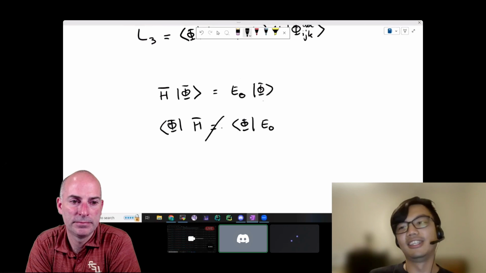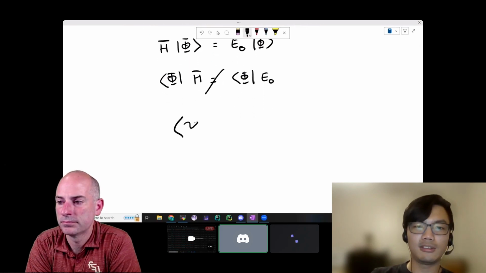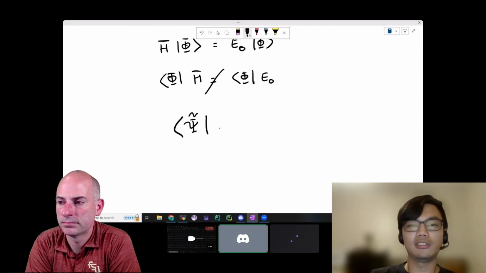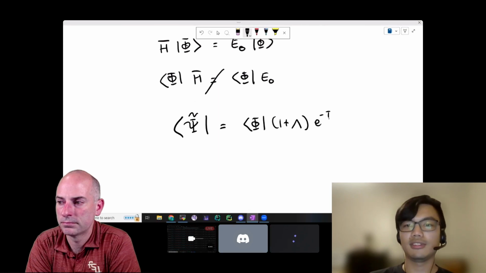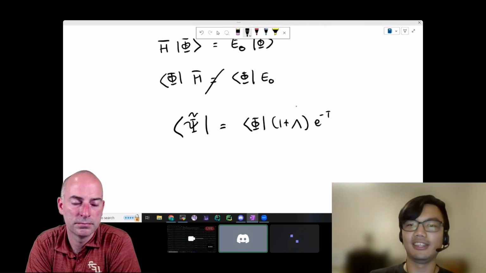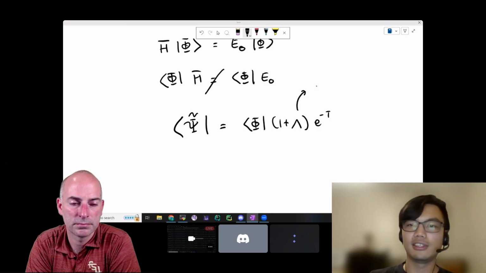This is not true, basically. So instead, we will start by parametrizing the left wave function, or the bra wave function, in a different way. We will introduce this 1 plus lambda, e to the minus T. And you can't do it the other way around because these operators do not commute. So lambda is a de-excitation operator.